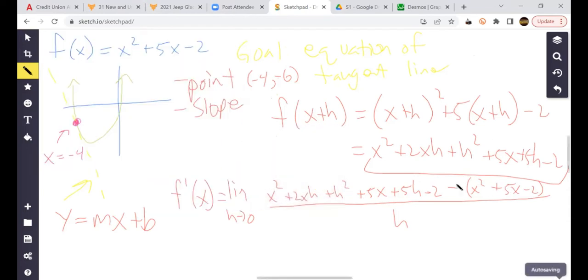Now, if you made observations from the limit chapter, you'll maybe hopefully have noticed that whenever you do this difference quotient idea, a lot of times this happens. You see this x squared, it's going to be negative x squared, and it's going to cancel with this one. So this piece wipes out with this piece, gone. Also, you see that 5x, that's going to be negative 5x, and it'll knock out this one.